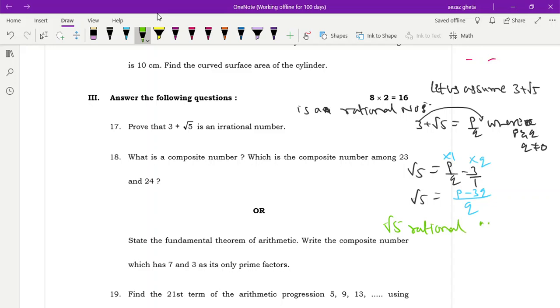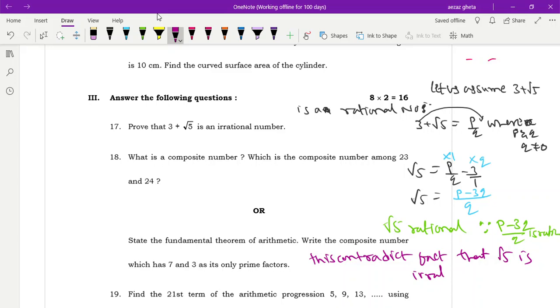Why is it rational? Because p minus 3q by q is rational. This contradicts the fact that root 5 is an irrational number.